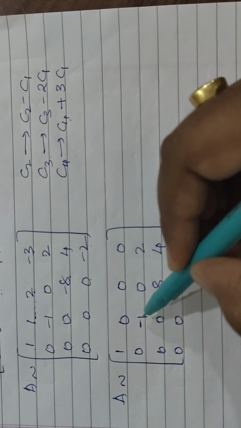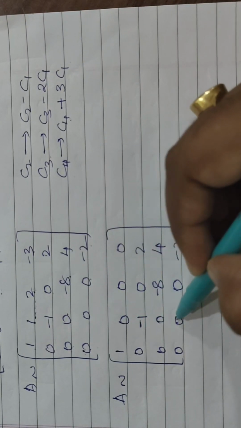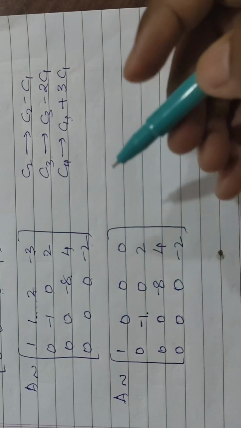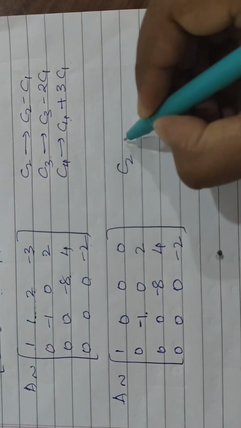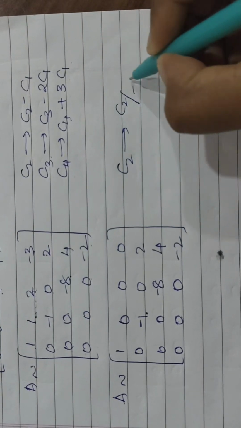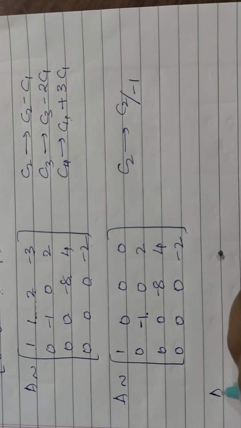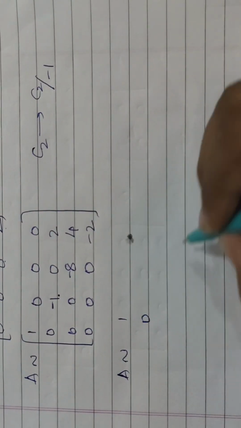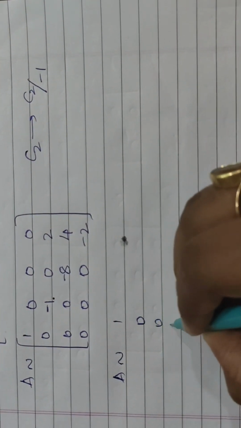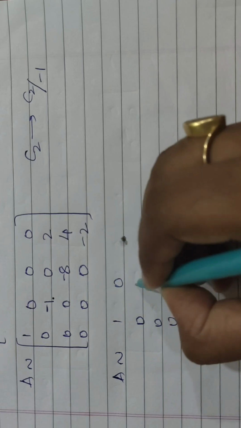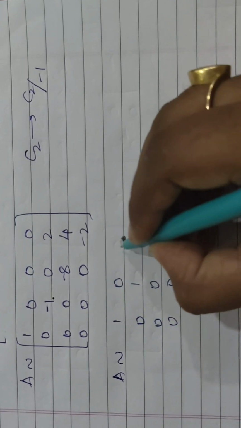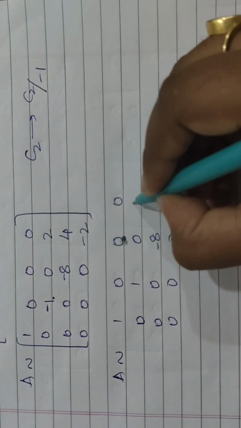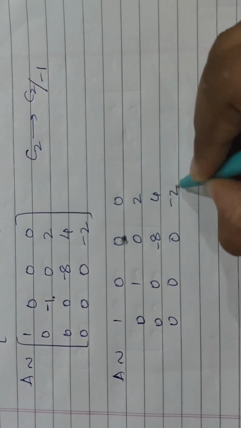So I will divide this column by minus 1 so that I will get 1. C2 is changing to C2 by minus 1. So A is equivalent to 1, 0, 0, 0, 0, 1, 0, 0, 0, 0, minus 8, 0, 0, 2, 4, minus 2.